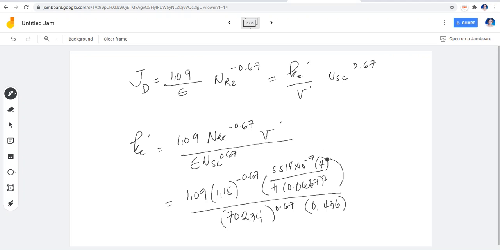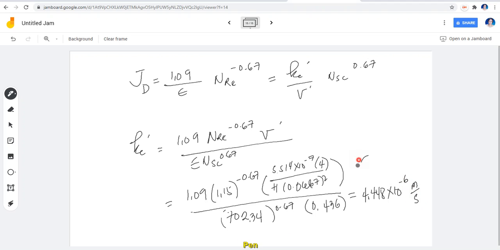Okay, so our K sub C in this case now is 4.448 times 10 raised to negative 6 meters per second.